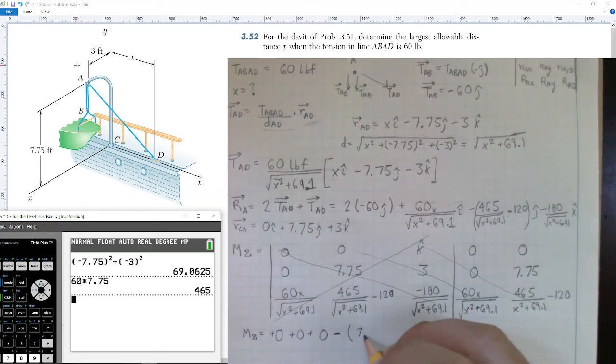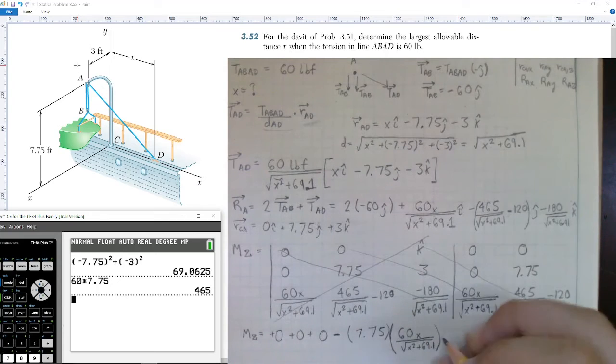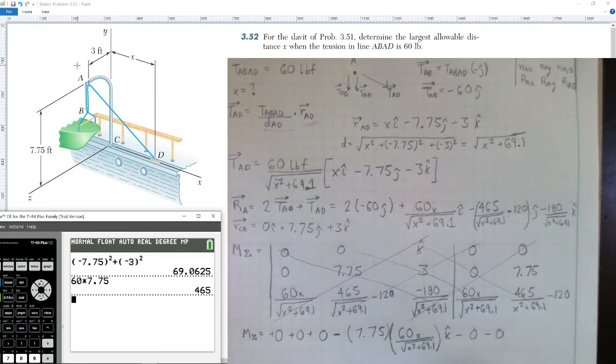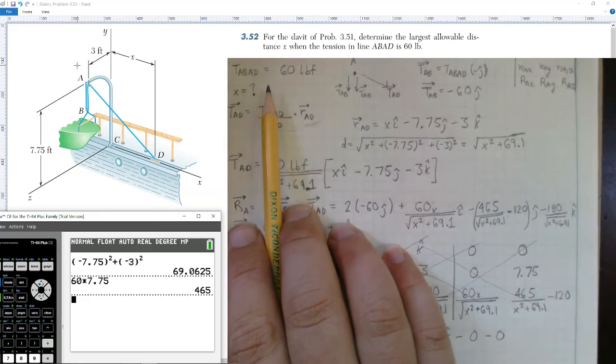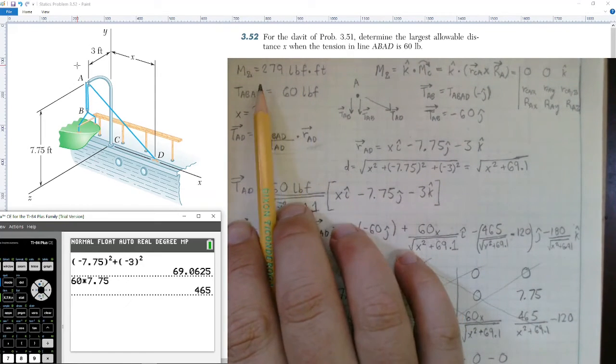So we have 7.75 times this part, 60x over the square root of x squared plus 69.1 in the k hat direction. Now we're subtracting again. We have a 0 here. And subtracting again, finally we have 0 here. So recall, our moment about z was equivalent to 279 foot-pounds from problem 351.